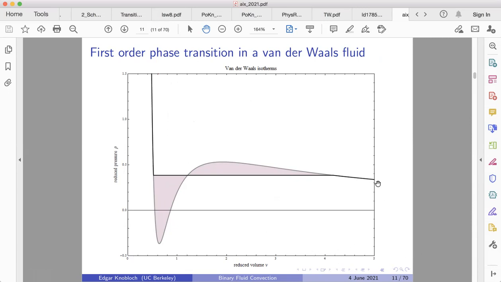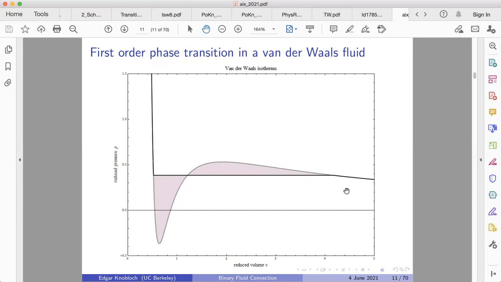Over here, I have the gas, and if I follow this branch, compressing the system, you might say, well, I'm going to just follow this curve all the way up to here, and then fall off here to the liquid phase, and continue up here as I keep compressing. Or if I reverse the process, I go all the way down to here and then go this way, right? So I have bistability here between the liquid and the gas.